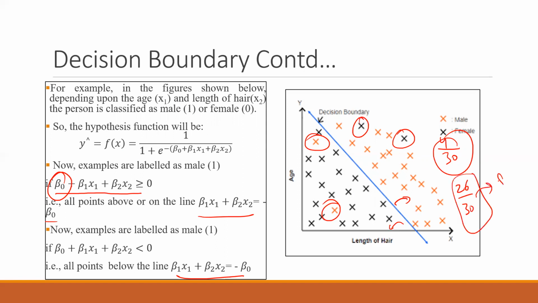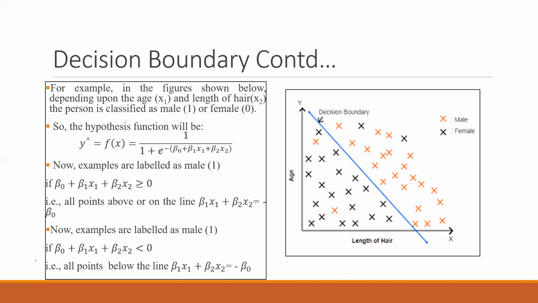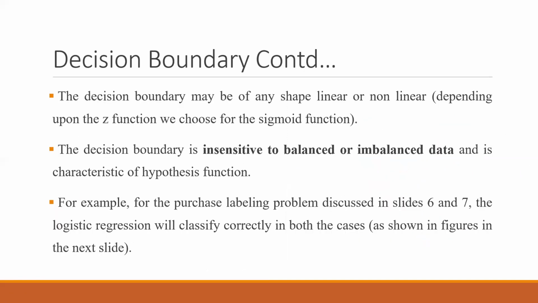So it should be around 88% accuracy and maybe 12% error. If implemented, this kind of model is still performing well. I mean, 88% is a good accuracy.